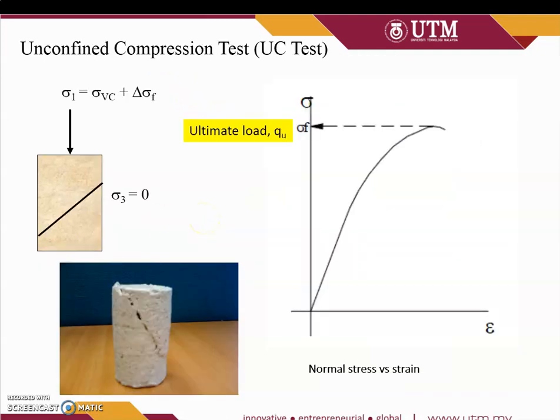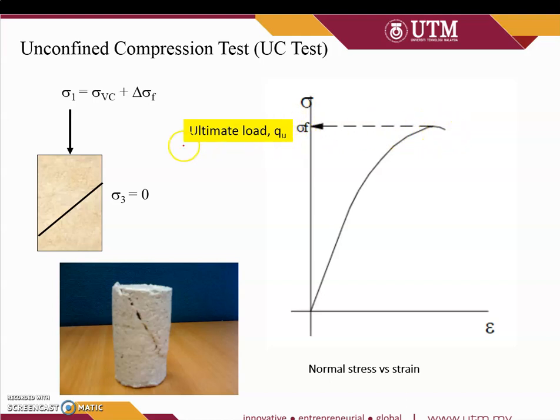Sometimes the test stops after a few readings that become smaller compared to the maximum. So we need to take the ultimate load, Q sub U, or the final stress at the maximum value, not the one at which we stop the test.